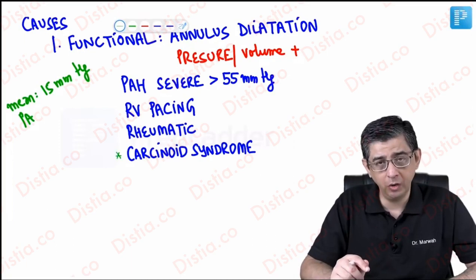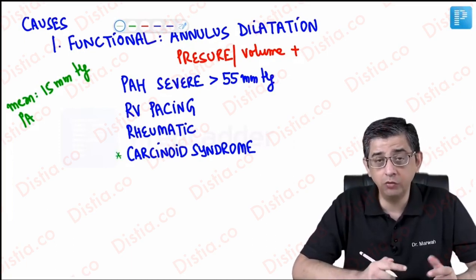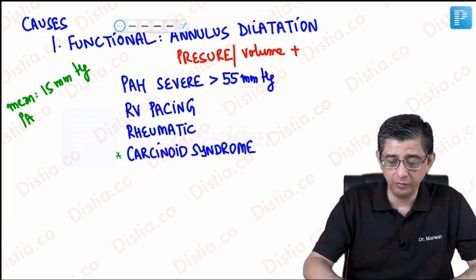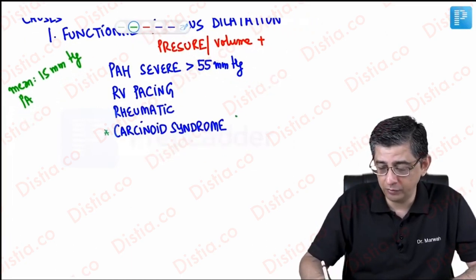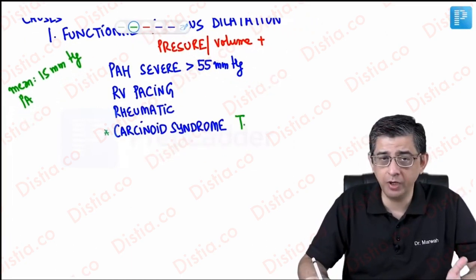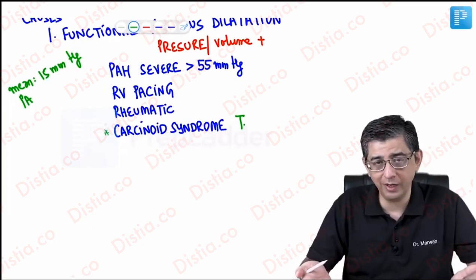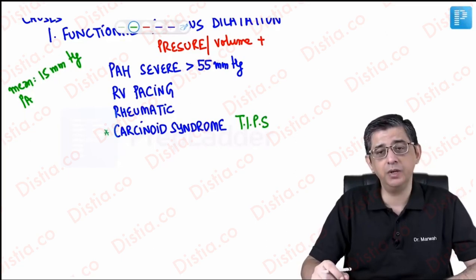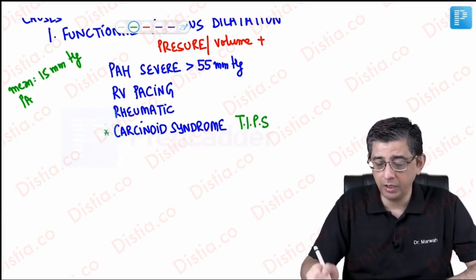In carcinoid syndrome, 5-HT derivatives which are overproduced are entering into the right ventricular inflow, and by that he means the tricuspid valve and pulmonic valve, because on the right side of the heart the tricuspid and the pulmonic valve would be affected, and the lesions that would be developing here can be remembered by a mnemonic, TIPS.